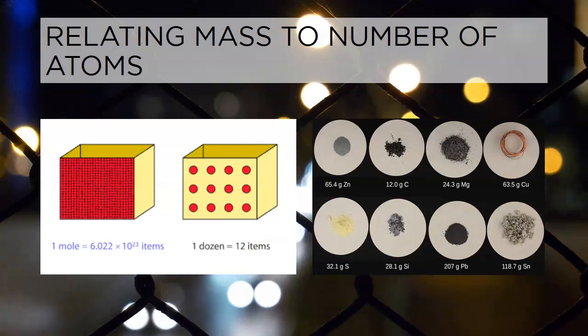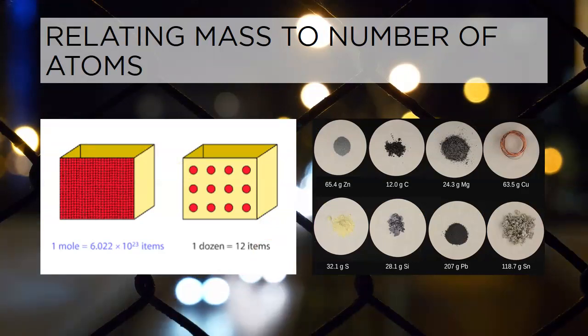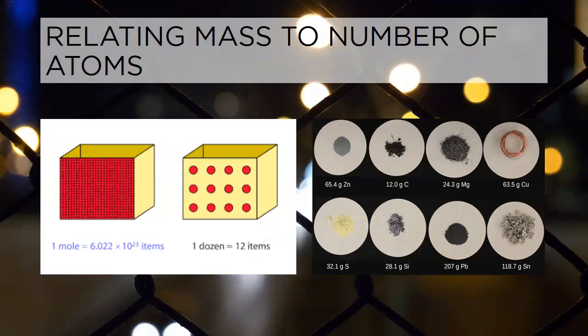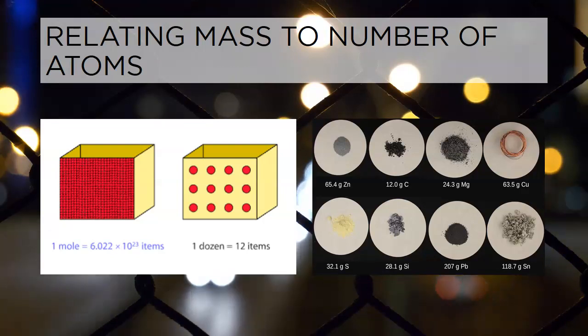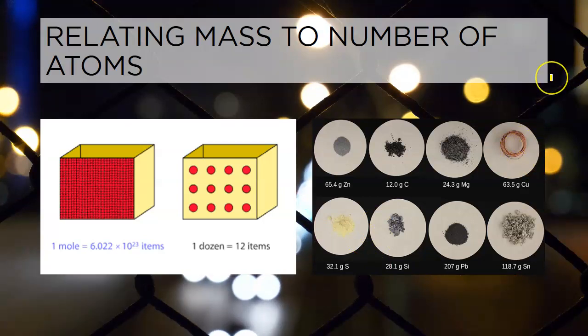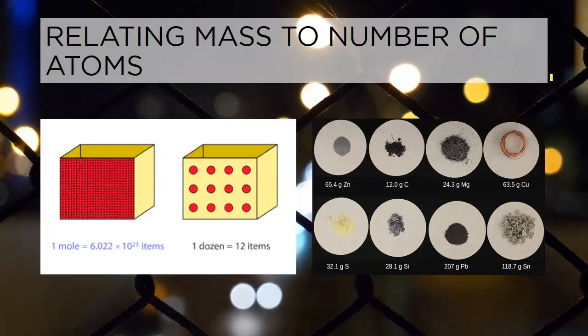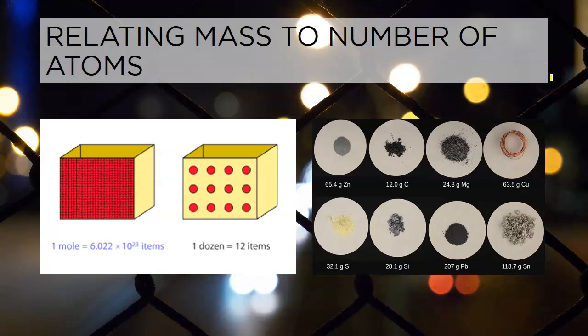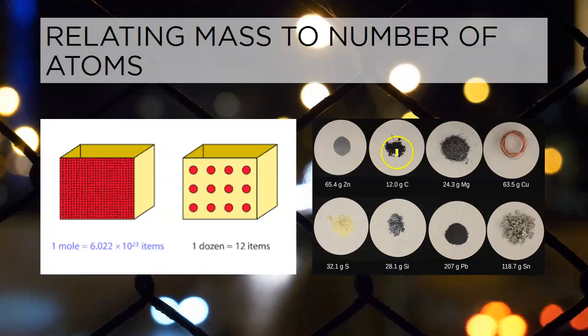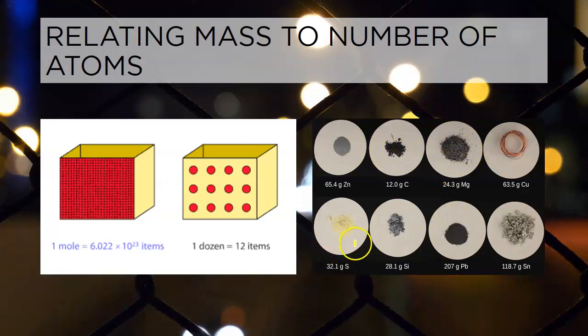So here's some examples of some chemicals I have a mole of. And I know the size is a little bit difficult to see there, but maybe the copper wire gives you a little bit of scale. That's how much copper wire would be a mole. We've got a mole of zinc, a mole of copper, magnesium, sulfur, silicon, lead, and tin.